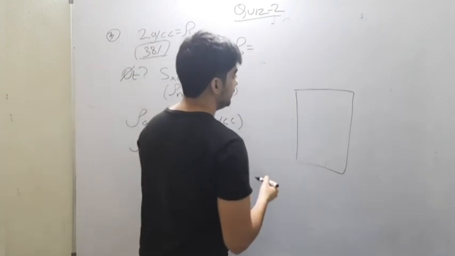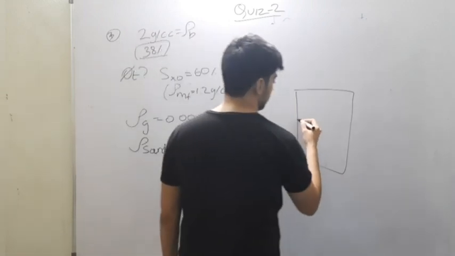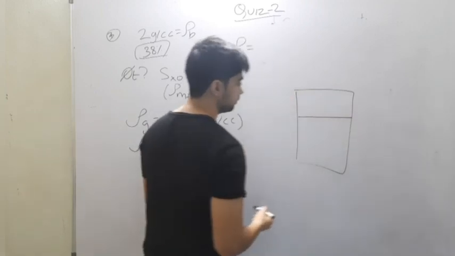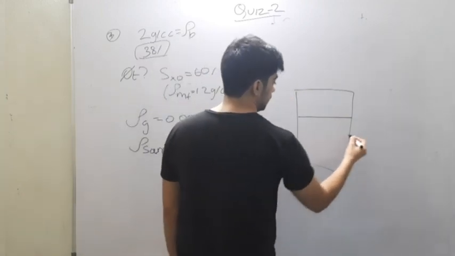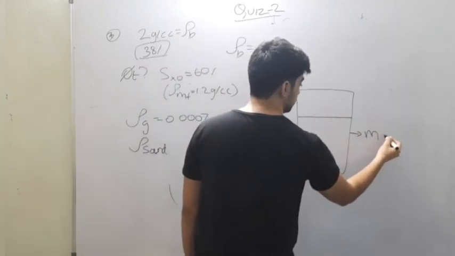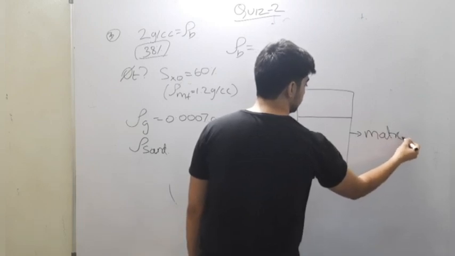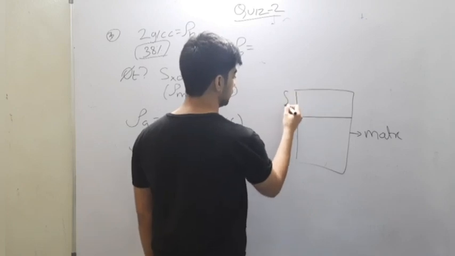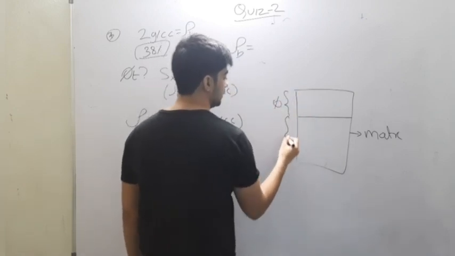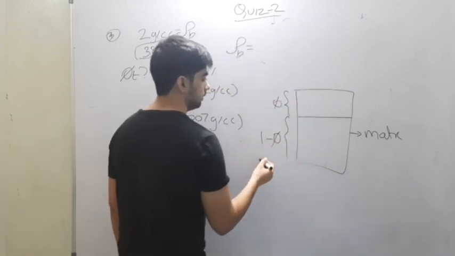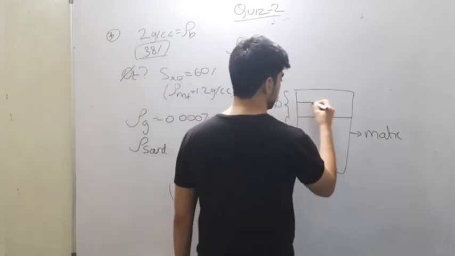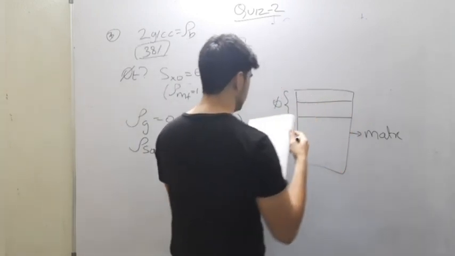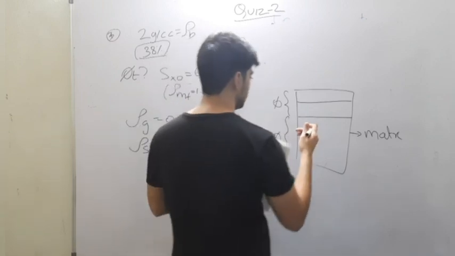Now bulk density will be equal to, if you try to use this picture, this is your matrix or sandstone, and this is your porous volume. So this will be your phi, this will be your 1 minus phi, and this porous volume is partly filled with gas because they have mentioned a gas bearing sandstone.